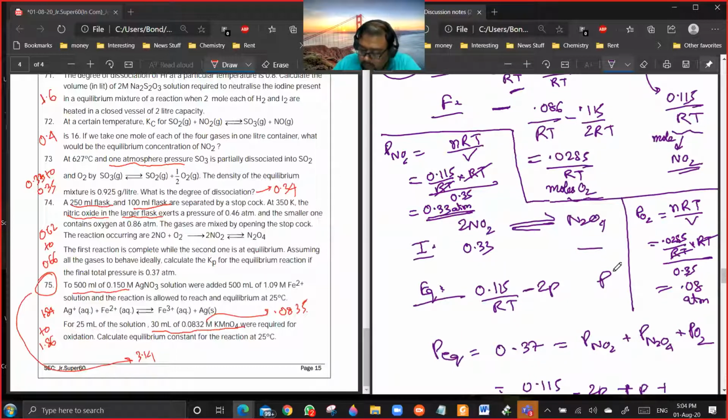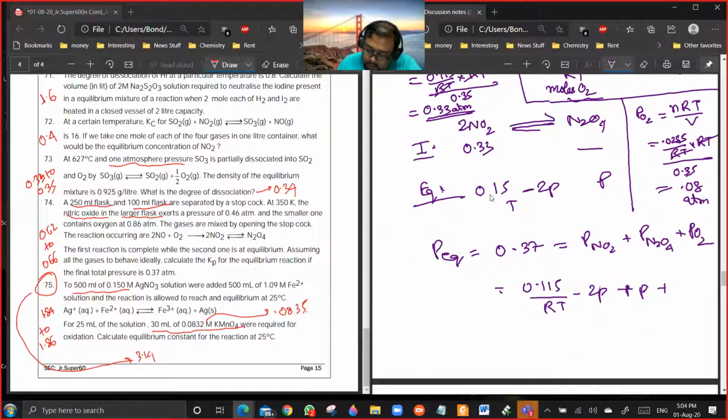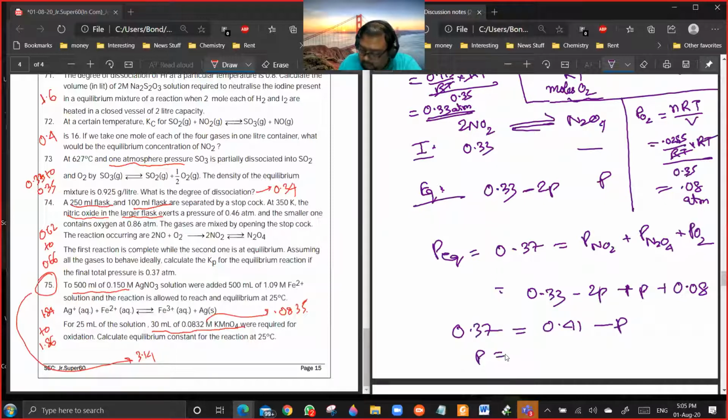Now the things are looking a bit tidy. So you can write it as 0.33 minus 2P and P. So now the things will be looking pretty okay. So I can write it as 0.33 minus 2P plus P plus 0.08. So I can write it as 0.41 minus P. That is equal to 0.37. So the value of P will be 0.04 atm.